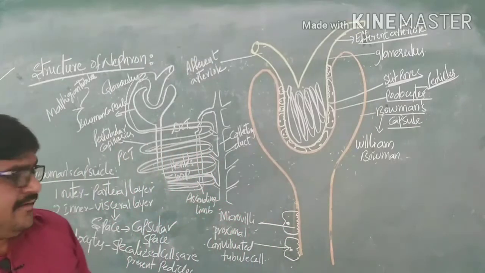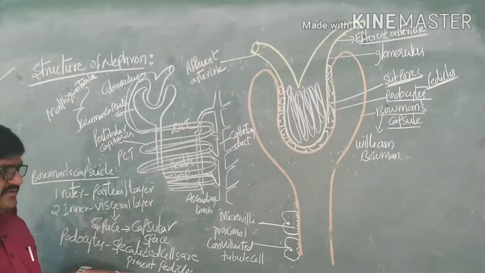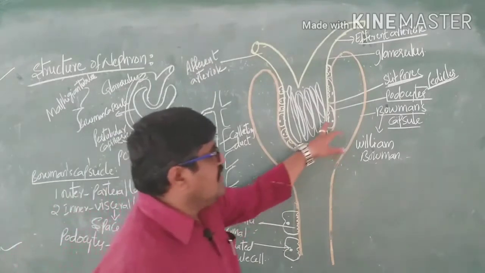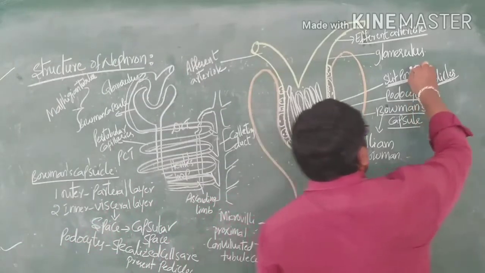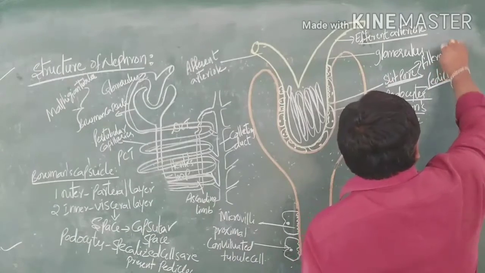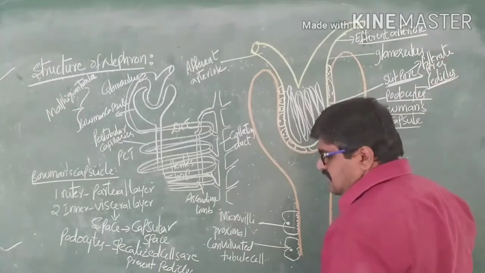These spaces between the foot processes are called split pores, which are helpful for filtration. Due to the filtration through these pores, we can also call them the filtration pores. Why?